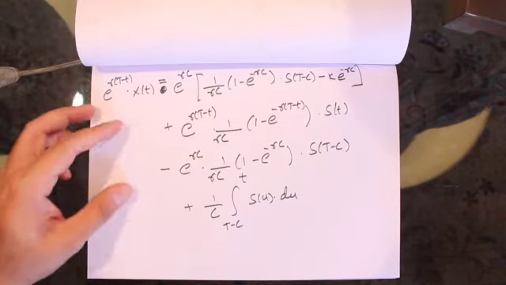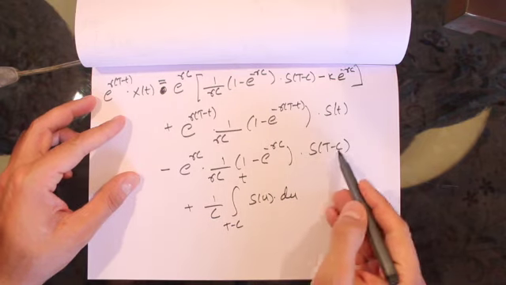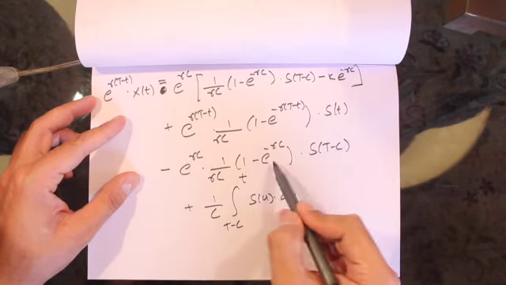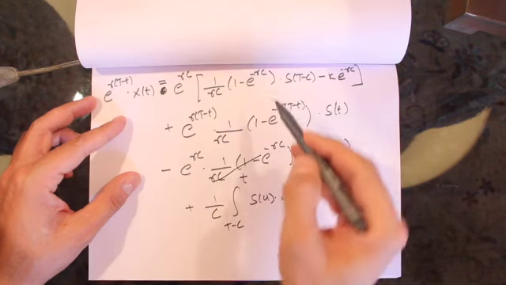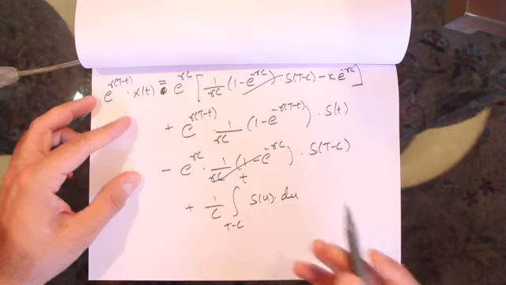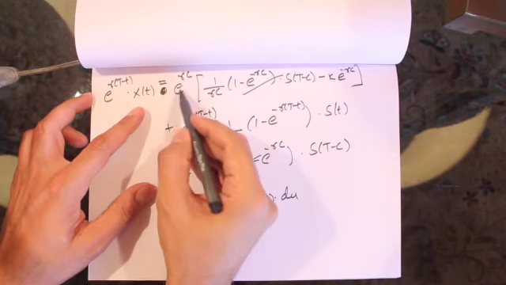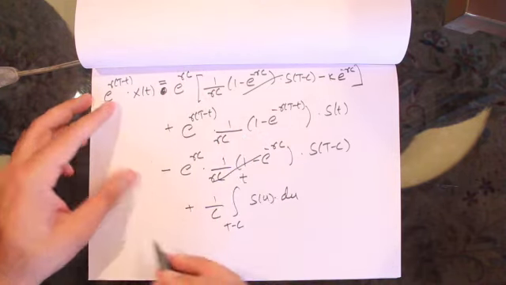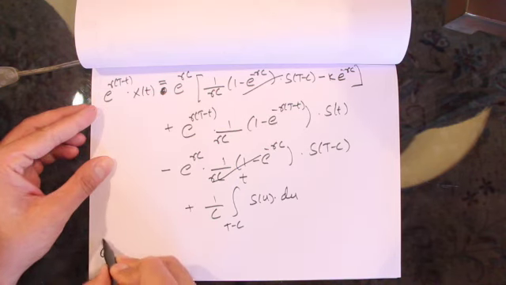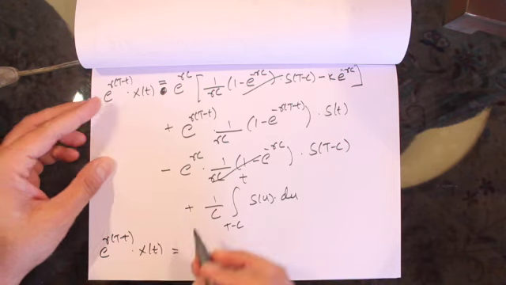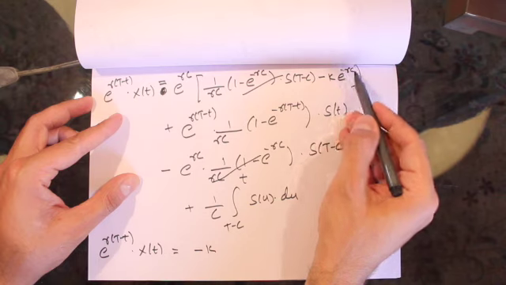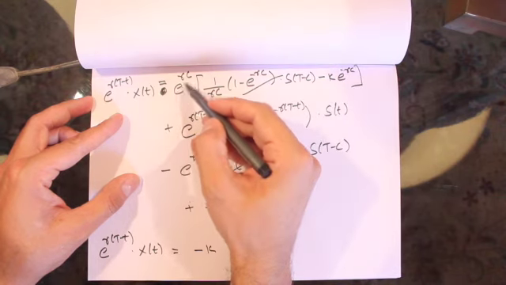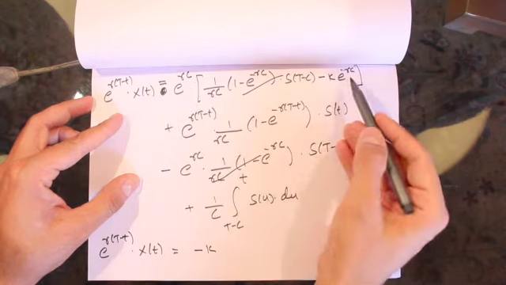Okay, so now this term, we have an s(t minus c), this term, this term. So this is a negative, this is a positive, so this term cancels with this term, okay? And we have an e to the power of rc multiplying this thing, so we can write e to the power of r(T minus t) x(t) is equal to, this would give me minus k, because we have an e to the power of minus rc here, multiplying by e to the power of positive rc, so that would basically become 1.